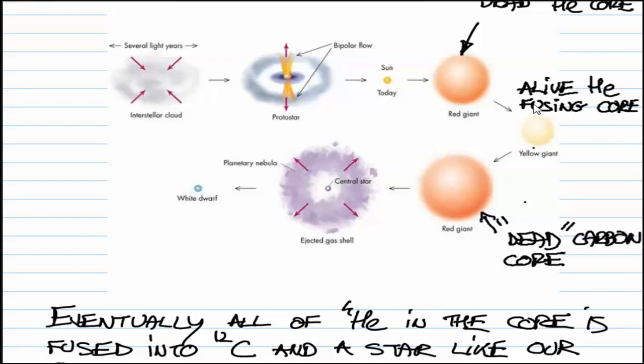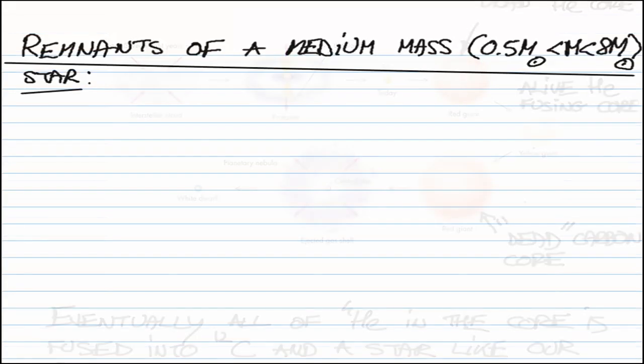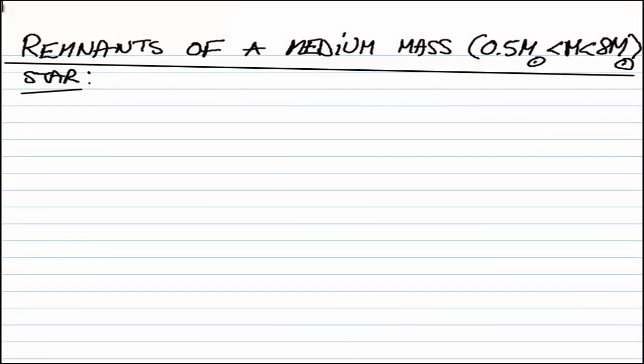And what is left behind is this dead, meaning it's not producing energy through fusion any longer, carbon core with some admixture of oxygen nuclei. And that is what white dwarfs are, right? So let's now discuss in more detail remnants of a medium mass star.